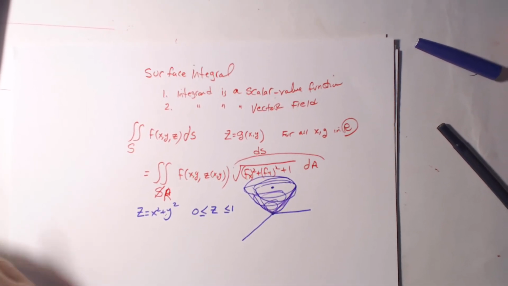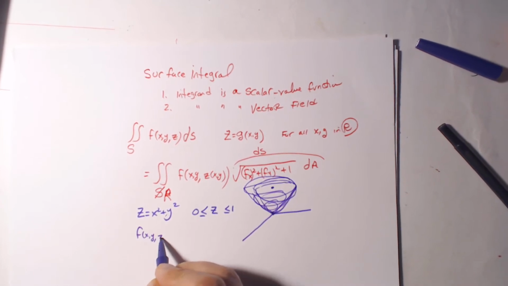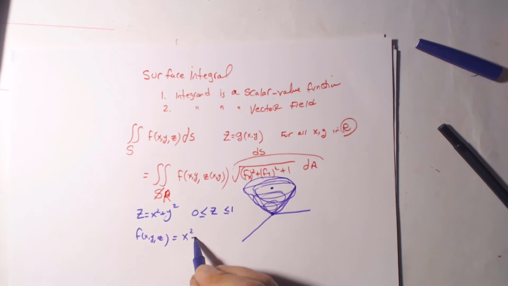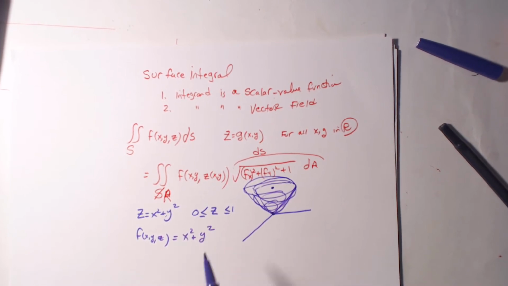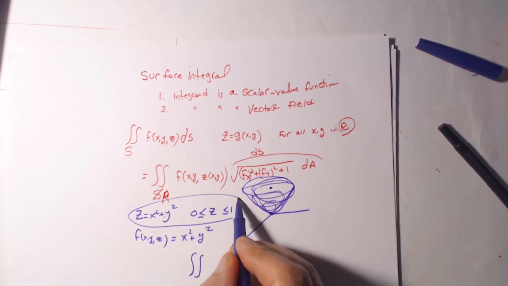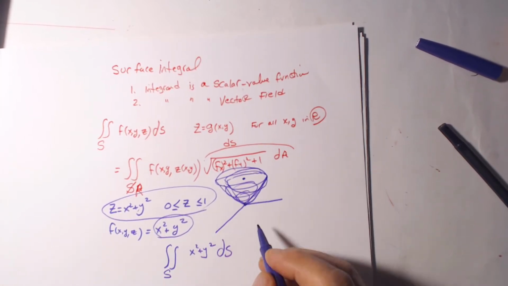Then I want to give you a function f of x, y, z, and that function is x squared plus y squared. Remember, this is my surface, and the function I'm evaluating is x squared plus y squared over the surface, but I need the surface area.